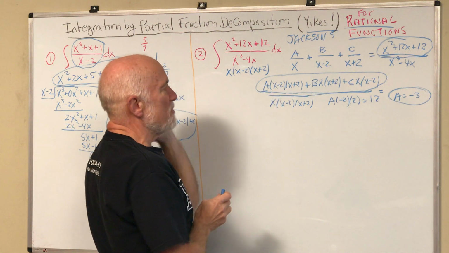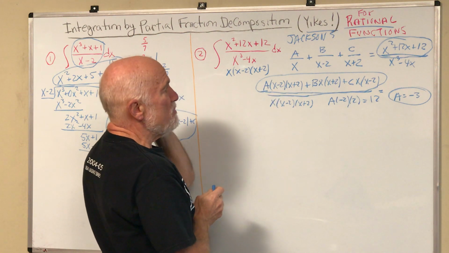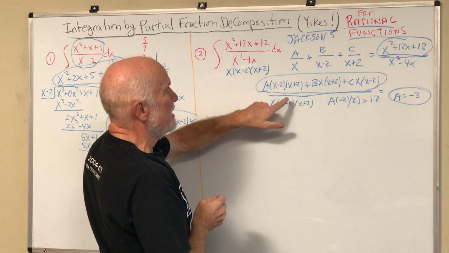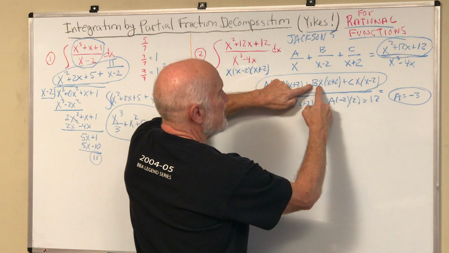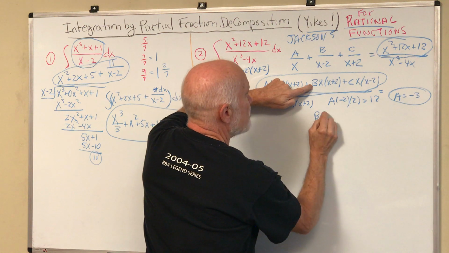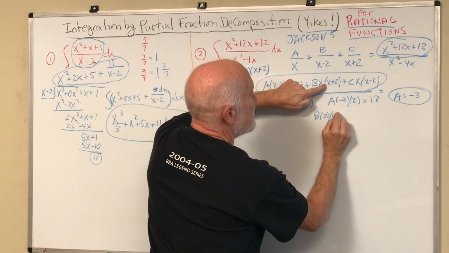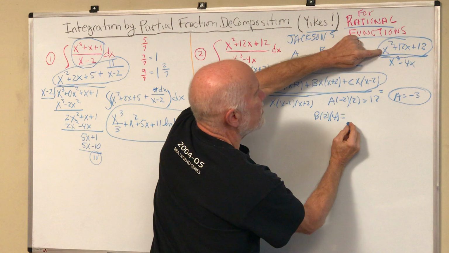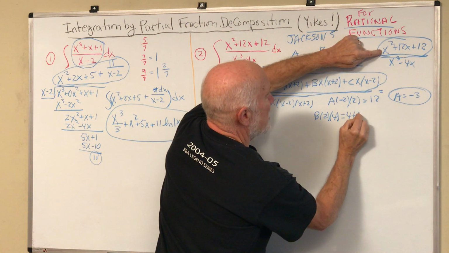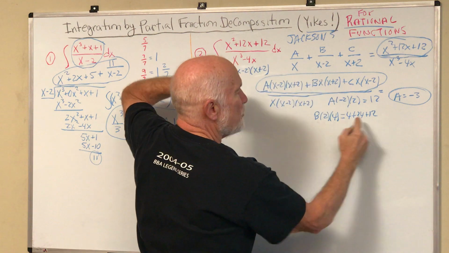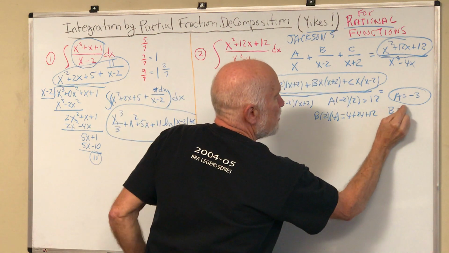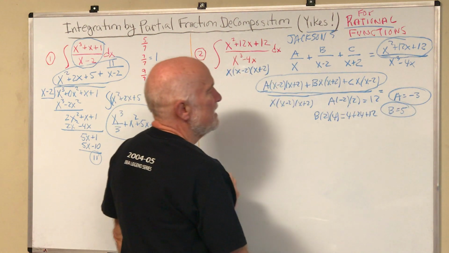What's another nice number to put in? How about if we put in x equals 2? That wipes out this term, and it wipes out this term, and we get b times 2 times 4 equals 4 plus 24 plus 12, or 8b equals 40, b equals 5.